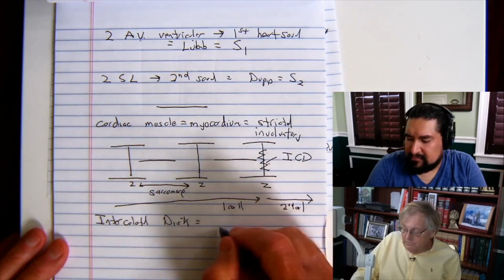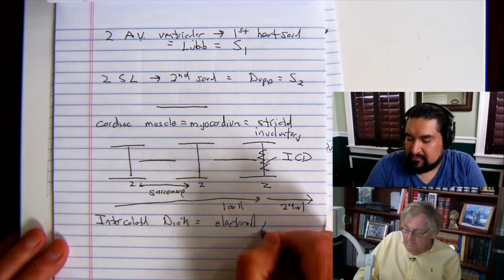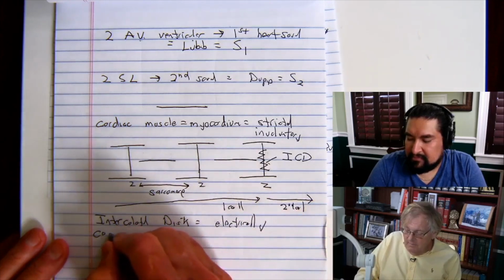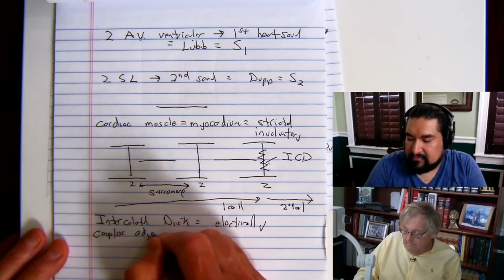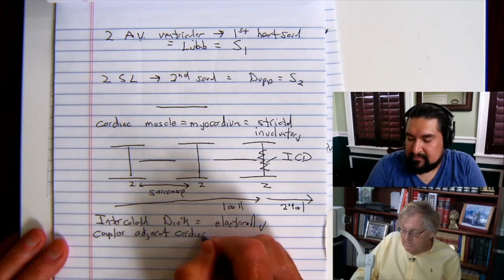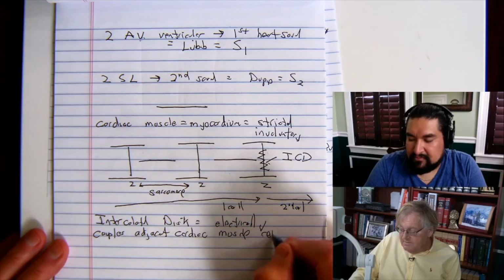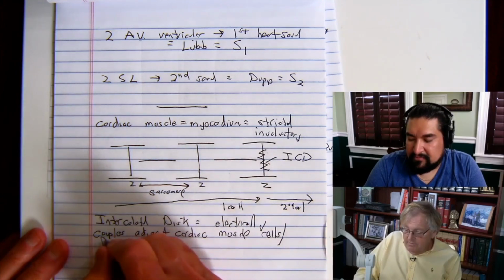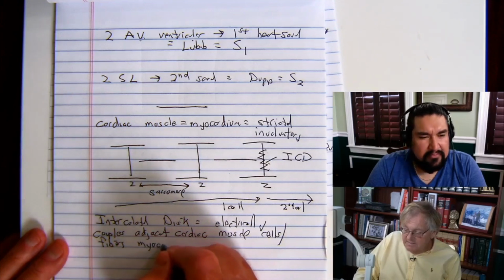And that electrically couples adjacent cardiac muscle, could be called the cells, could be called fibers, could be called myocytes.